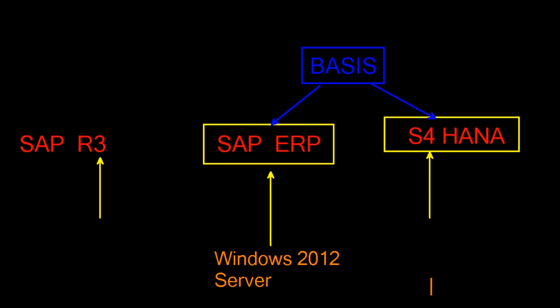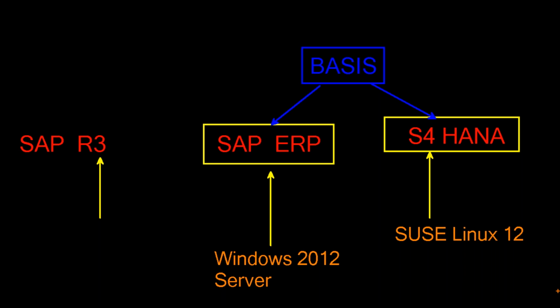And for SAP S4HANA, there is no option. We should install it on Linux only. So we need both, because in organizations we are using the SAP ERP application and the SAP S4HANA application.